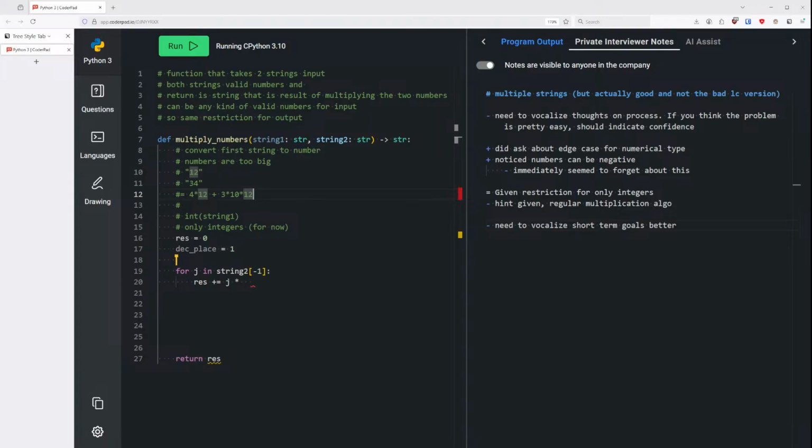So we almost need to store the result for each digit.